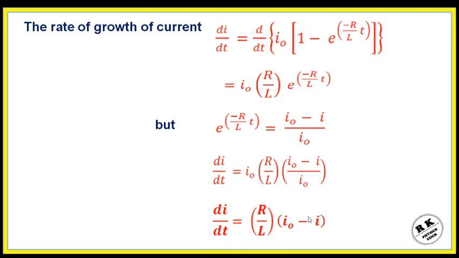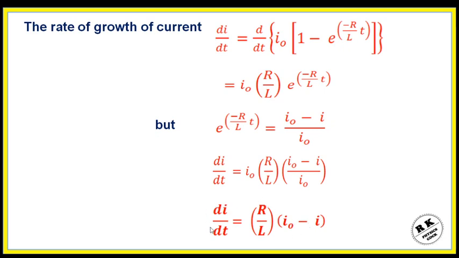Now from this equation we can make two conclusions. They are, as instantaneous value I increases, rate of growth decreases, which we have seen already from the graph. As time lapses, the rate of growth is decreasing. We have seen in the graph.